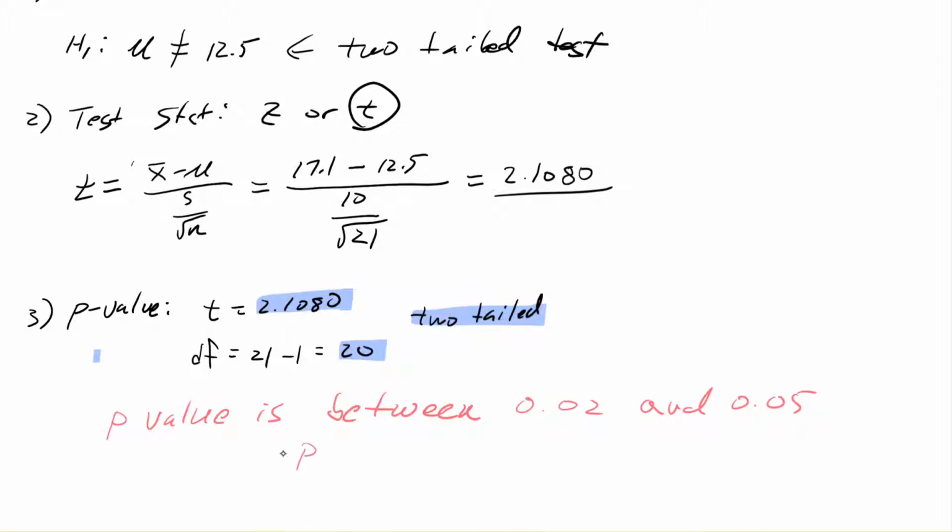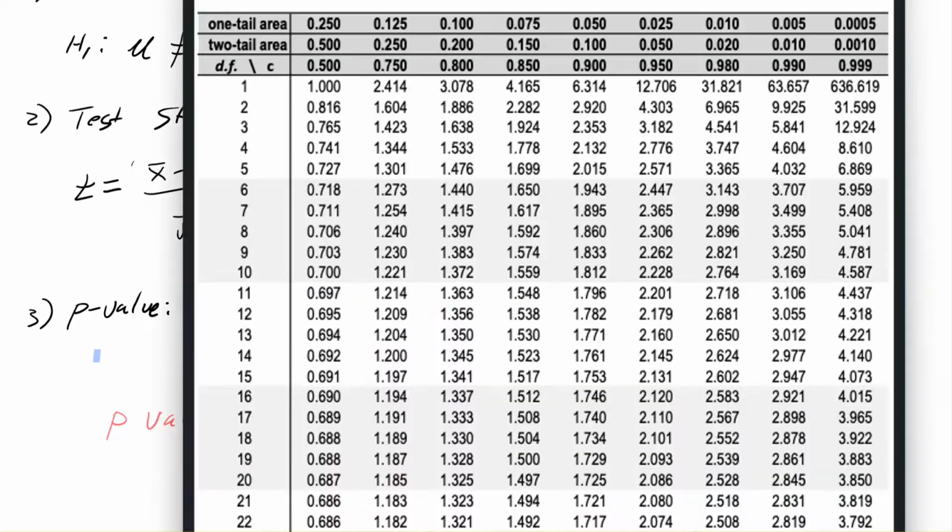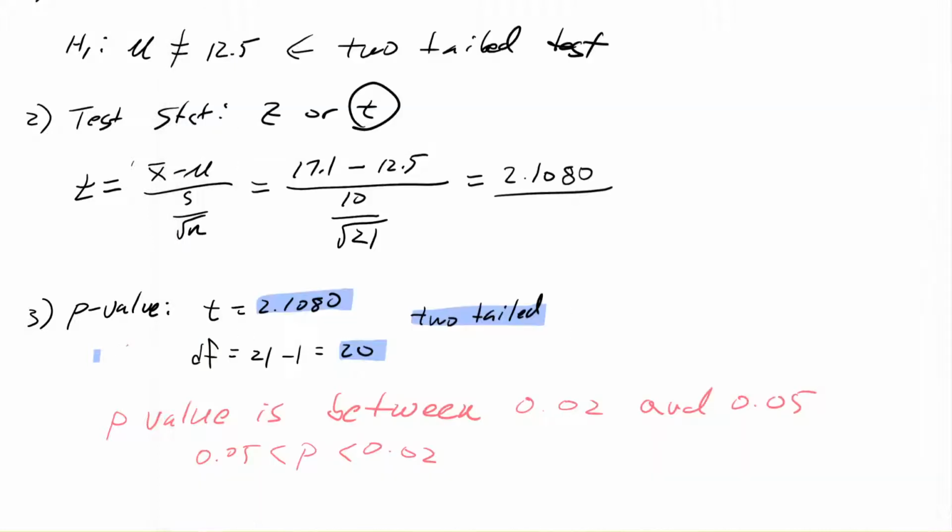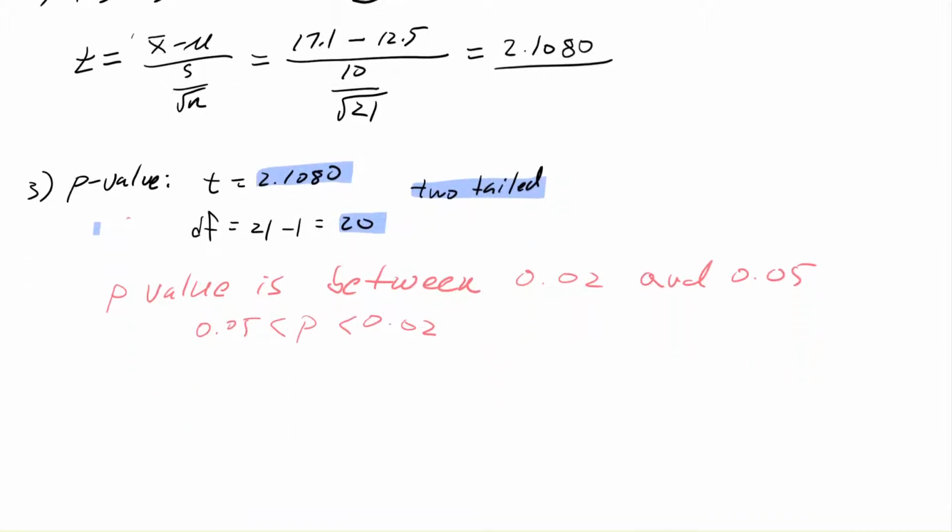It cannot equal 0.05, because if it did, the t-value would have been this one right here. If the p-value was exactly 0.02, then the t test statistic would have to be 2.5, and we don't have exact matches for either of these numbers. So that's how we know it's between these two numbers, excluding 0.05 and 0.02. Okay? So we found the p-value in a range.